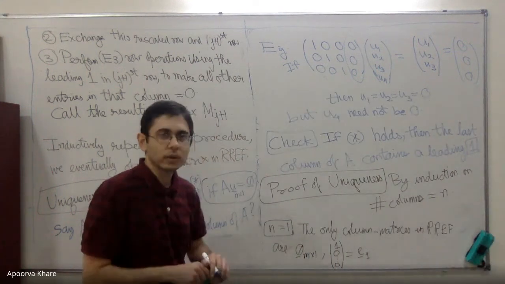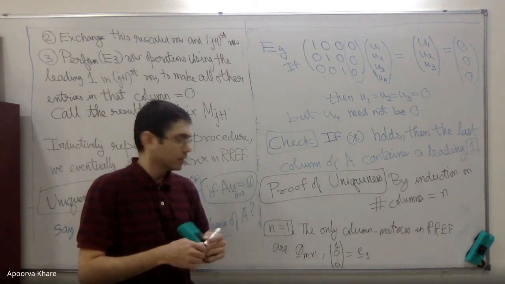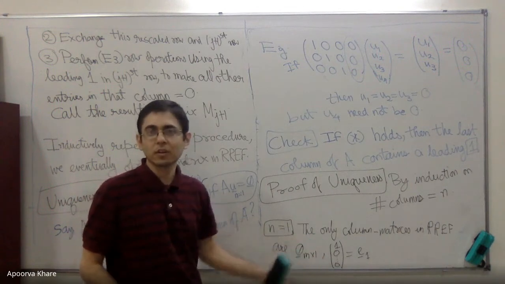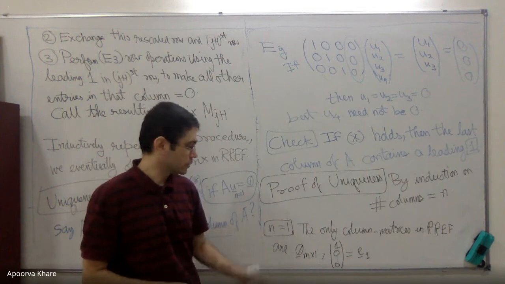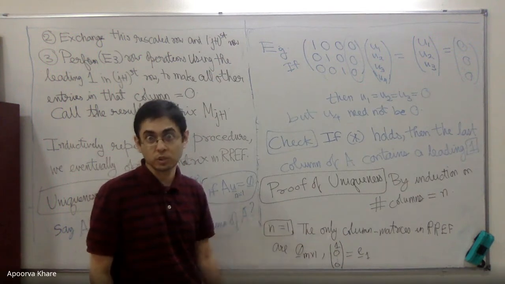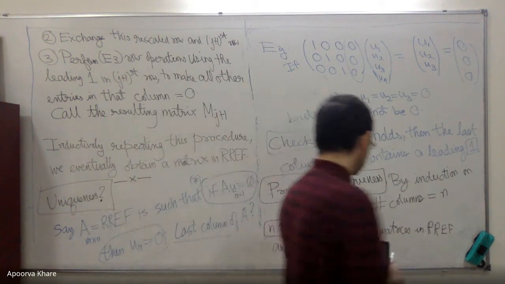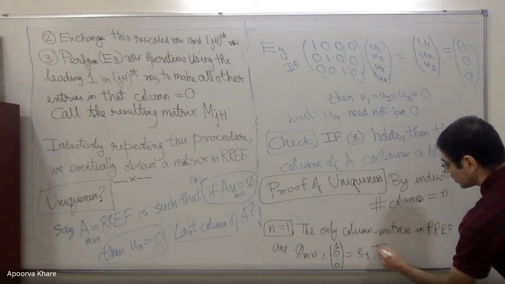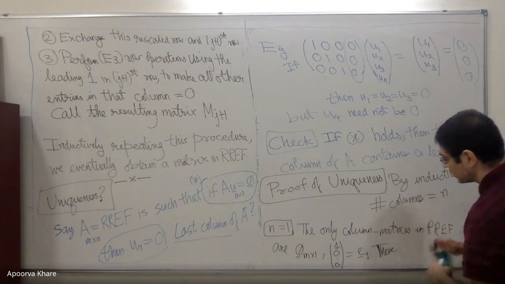So these are the only two, and clearly these are not row equivalent to each other, right? Because one is the zero matrix and one is non-zero.